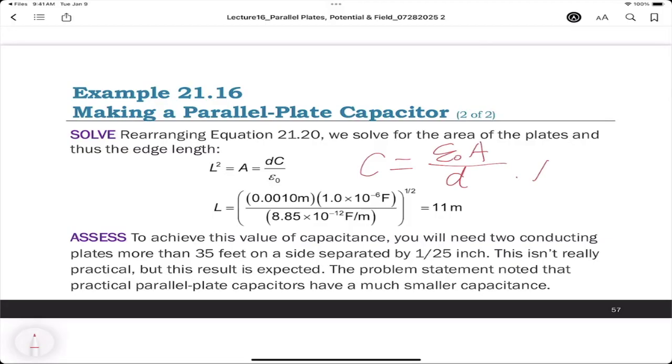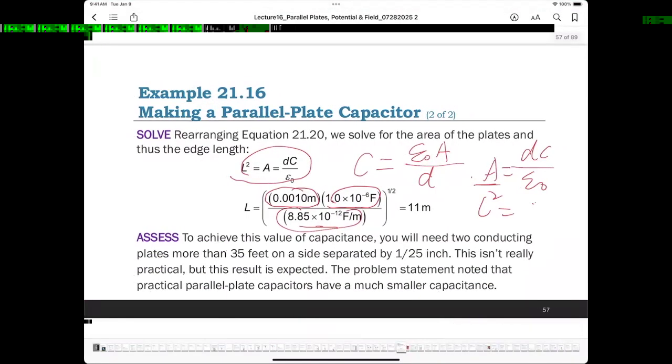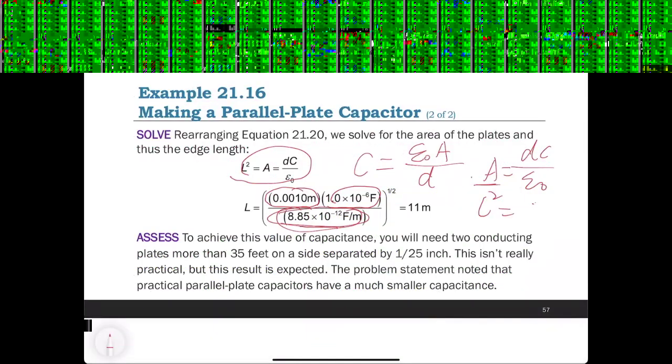So A equals D C over epsilon naught, and A equals L squared, right? Here D is the spacing, C is the capacitance, and this is the permittivity constant, if you remember that. Actually, you don't need to memorize this value. You can check it when you calculate. And the final length is 11 meters.